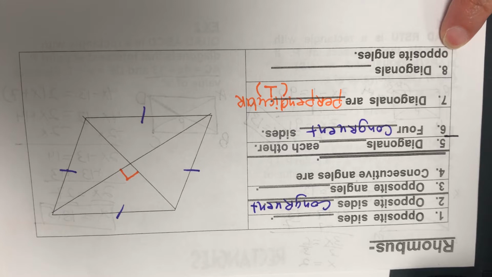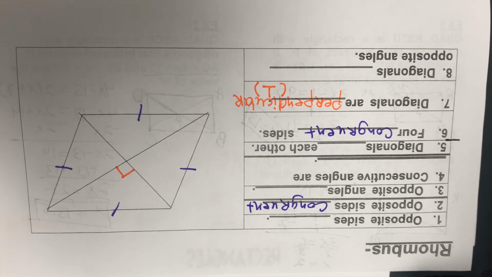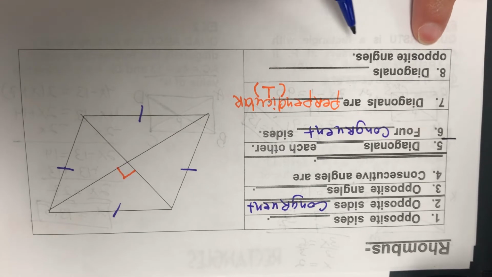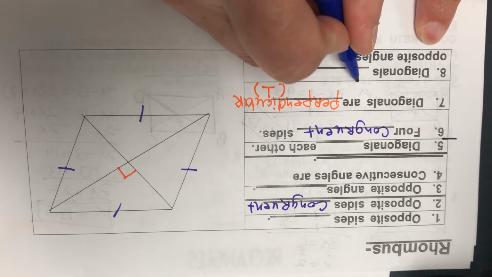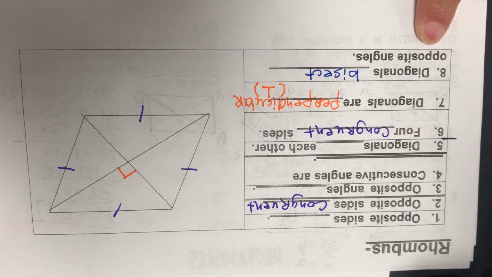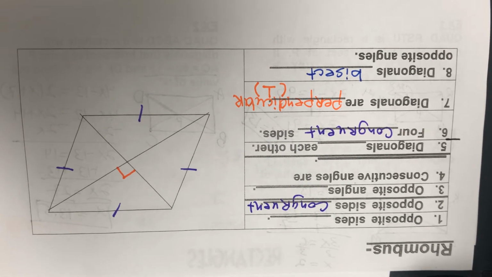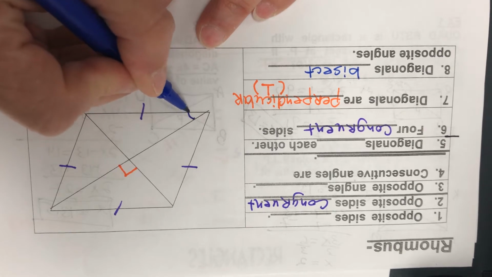Another thing that we know about diagonals in a rhombus is that the diagonals bisect opposite angles. This picture is not a very good picture. It does not really look like that happens.